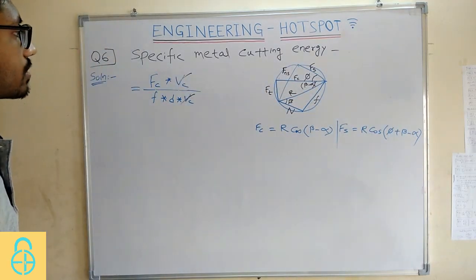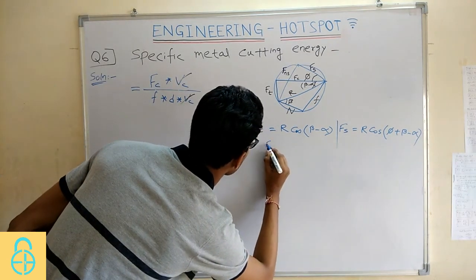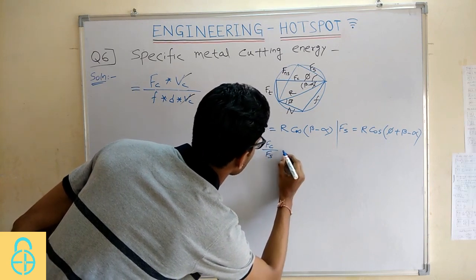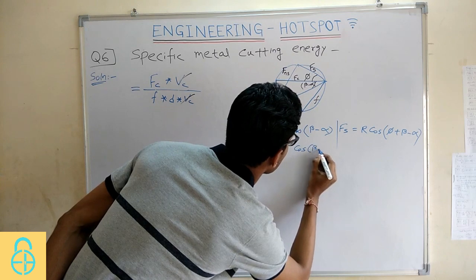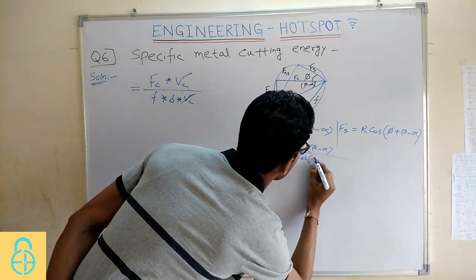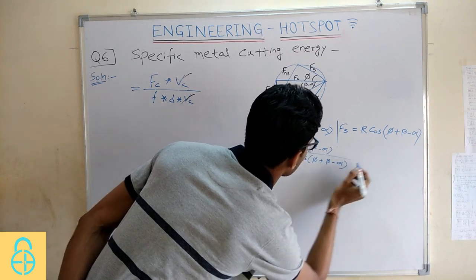If you divide these two expressions, you will get Fc divided by Fs is equals to cos of beta minus alpha upon cos of phi plus beta minus alpha.